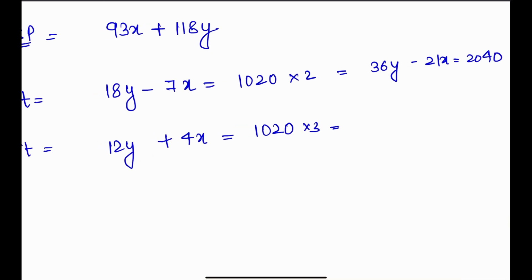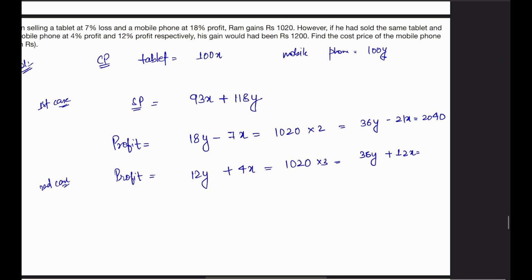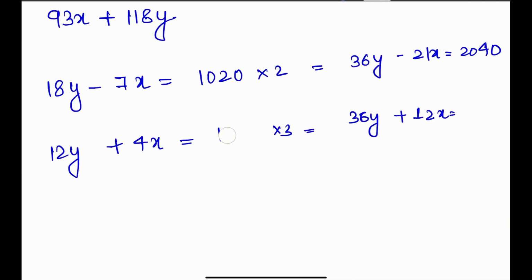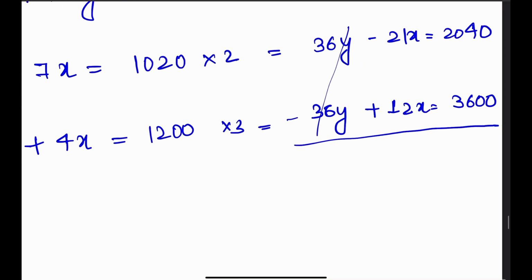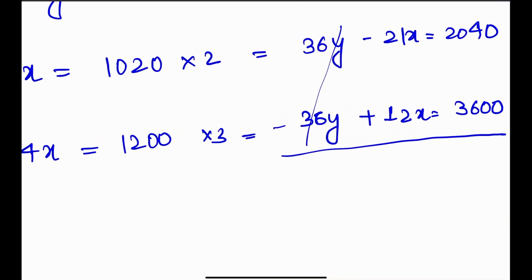This will be 36y plus 12x equal to, no, which one, the latter one is 1200. So this is how I am making a mistake, 3600. So if I subtract these, these two will be cutting away and this will be 33x.